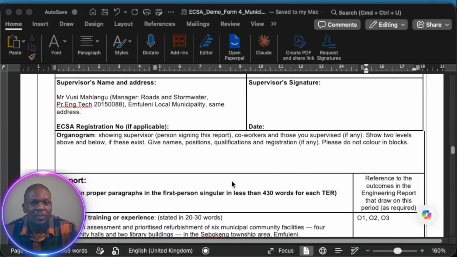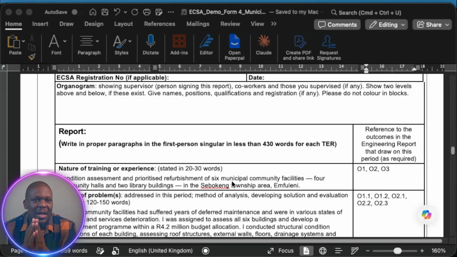All right, period two. Now, period two, let's look at the nature of training and experience. The nature of training in period two is conditional assessment and prioritizing refurbishment of 6 municipal community facilities. So you are working at the municipality. In the previous example we looked at, they were focusing on roads. The reason why I am using this kind of infrastructure is because those are the kind of infrastructure that are working under operation and maintenance phase.